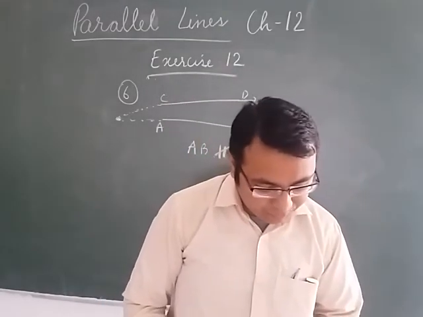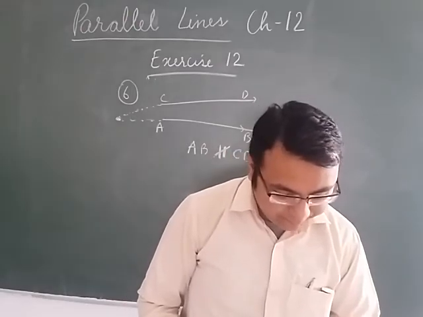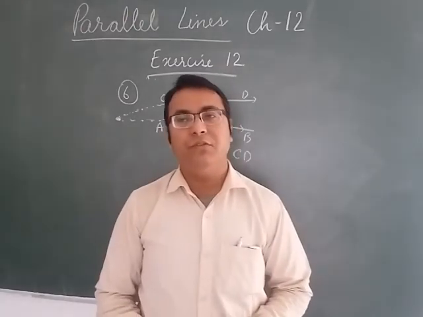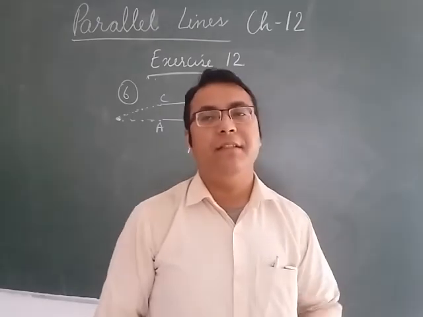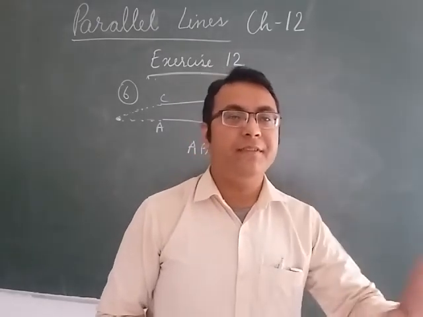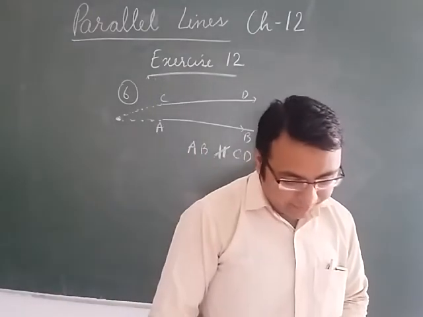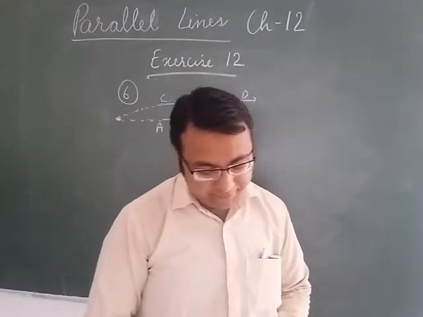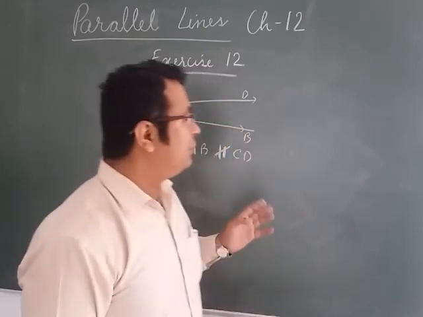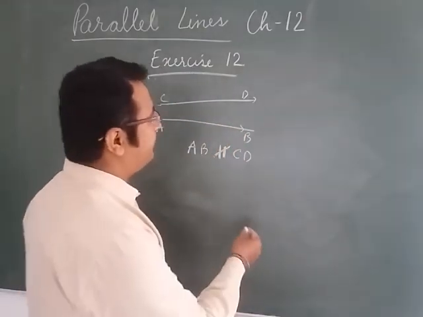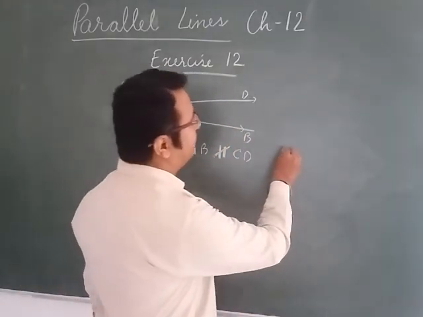Now second part, two parallel lines are everywhere the same distance apart. This is also true. If two lines are parallel, then the distance between them will always be same. Now third part, if two line segments do not intersect, they are parallel. Let's understand with an example.